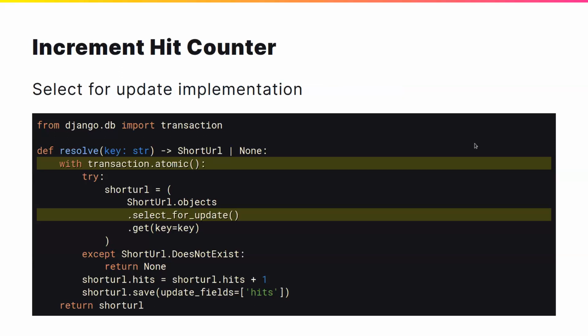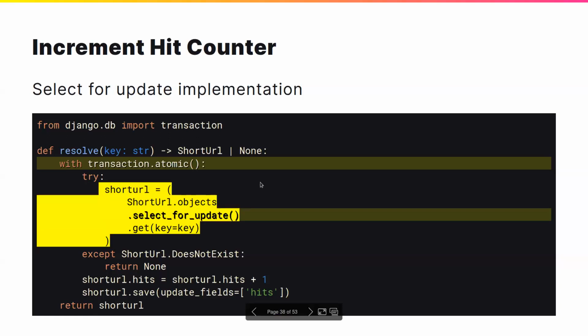So this is what it looks like. We start a transaction, database transaction, but now when we fetch the object, we say select for update. We are going to see what the SQL looks like in a second, okay? So select for update. At this point, we obtain a lock. So if another process is trying to do the same thing, it will fail because we locked the row.